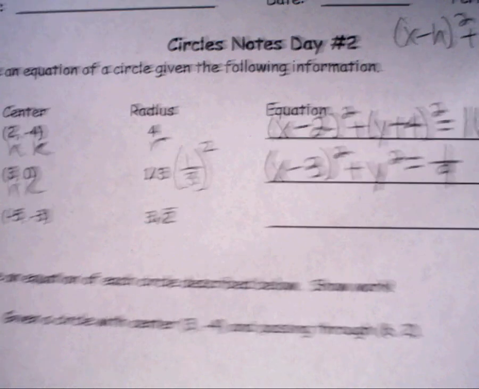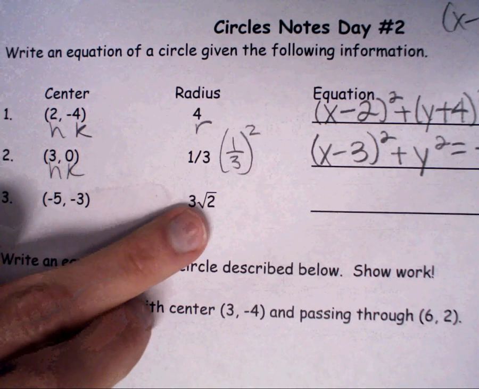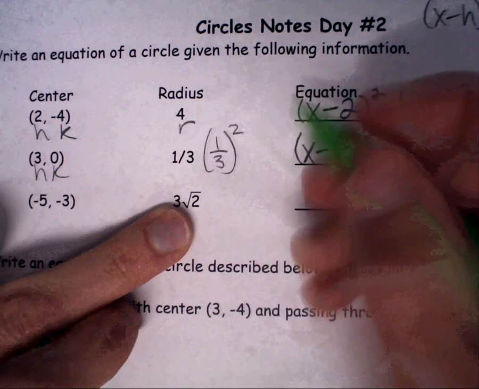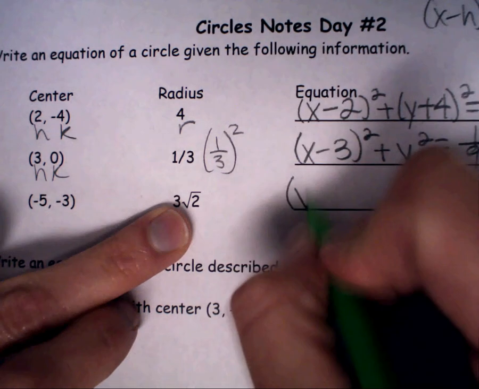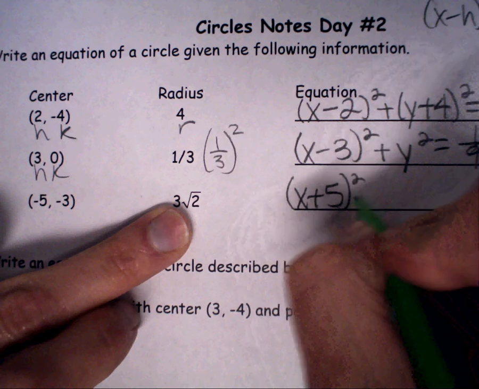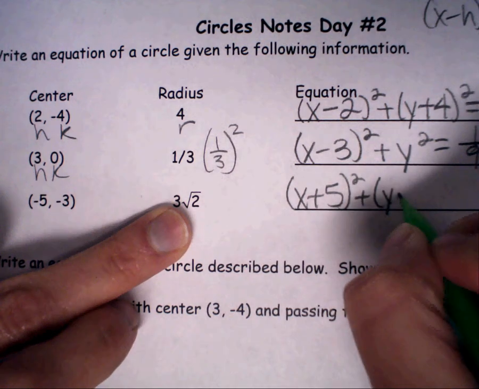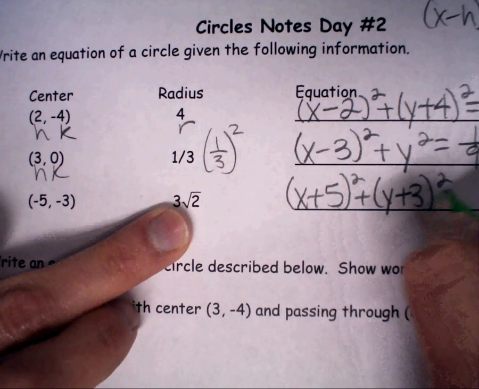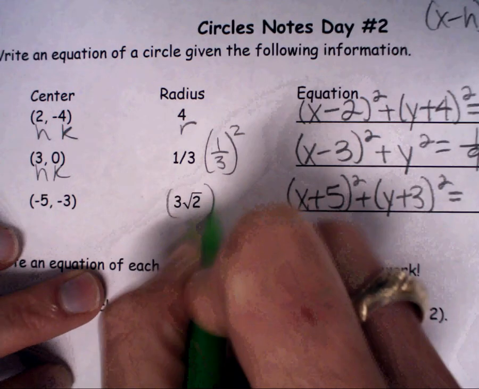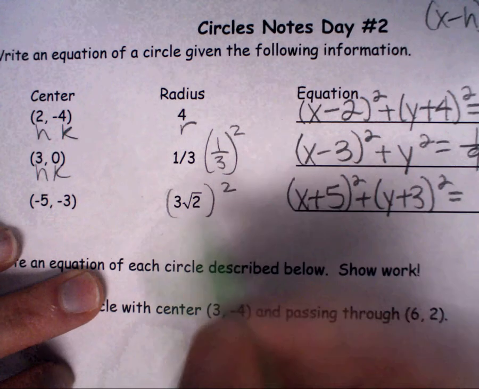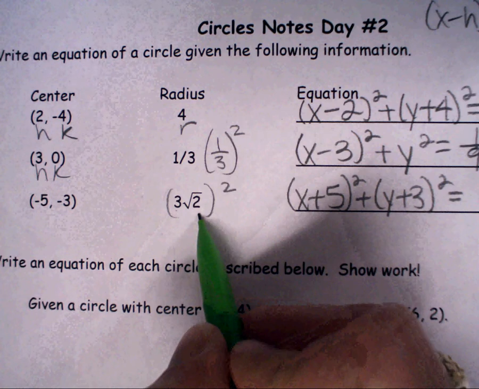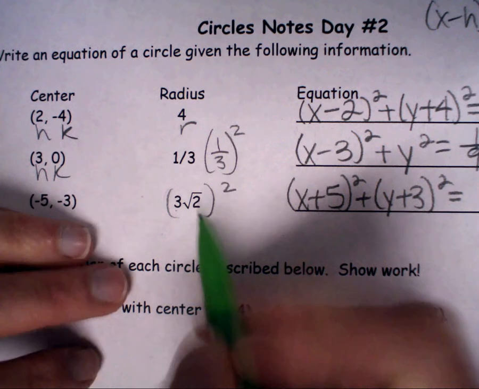So then you're looking at number 3 and going, oh man, because of that radical right there. But don't worry. So our center will be x plus 5 here squared plus y plus 3 squared equals, now when I square this, I'm not only squaring the 3, but I'm squaring the square root of 2.